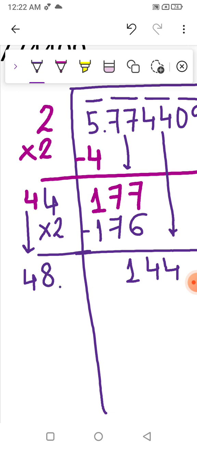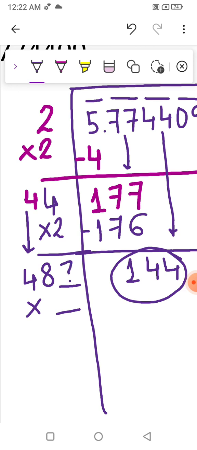Now think of a number over here which will be multiplied with the whole number and we will get a number close to 144. Now 4, 8 and after that there will be a number, which means 480-something can't be multiplied by any number to get 144. That's not possible. It is only possible when there is 0.